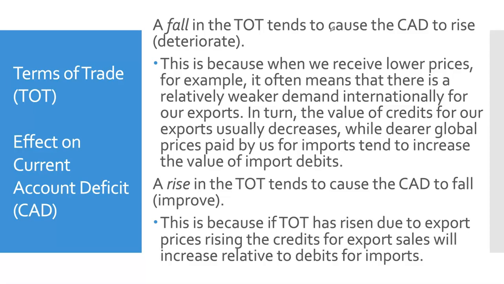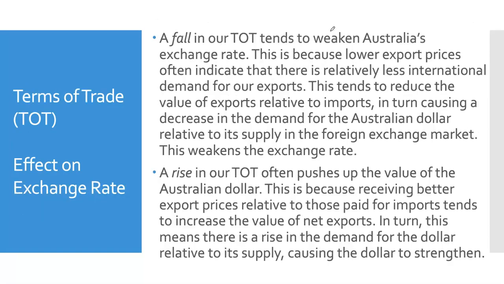A rise tends to cause the current account deficit to fall or improve because we're getting more funds from our exports relative to our imports. Don't forget though that terms of trade is just about price, so quantity is also a factor here.